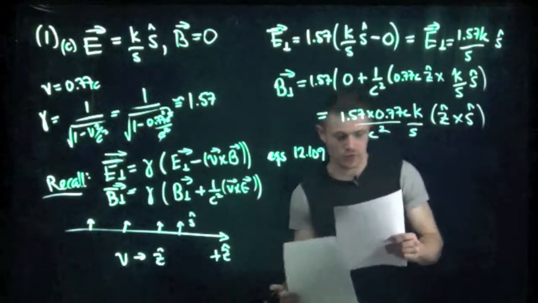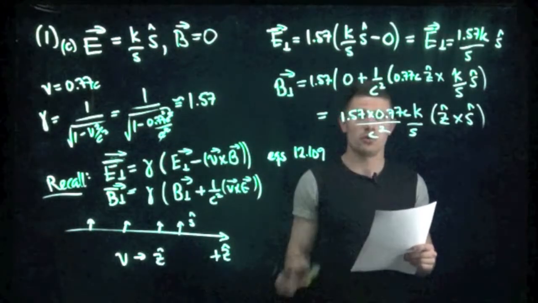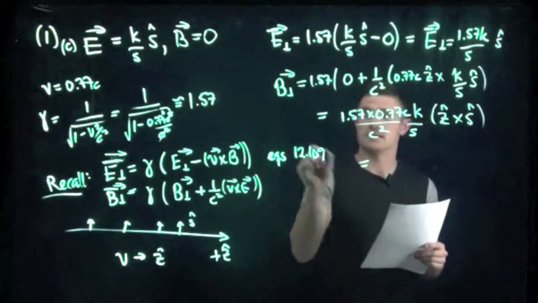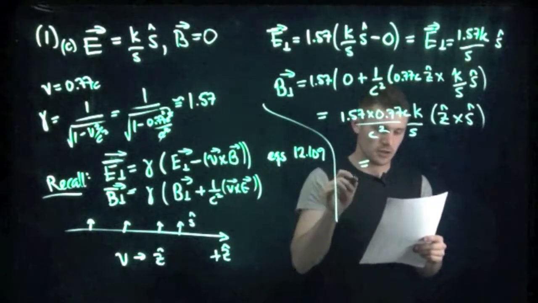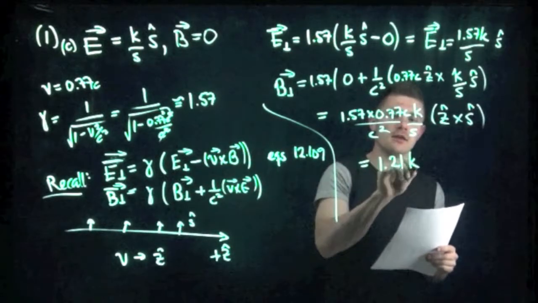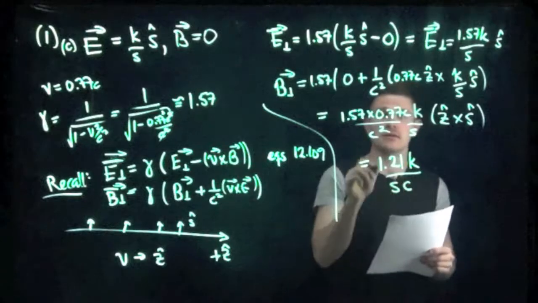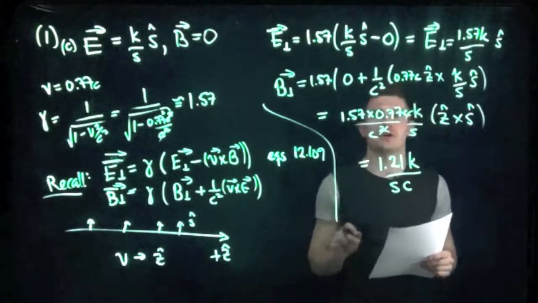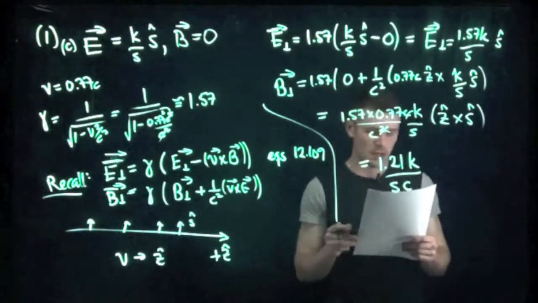Working through, we can plug in the values that we know, and this should be approximately 1.21 k over s times c. The c and the c will cancel, and you can multiply those two factors out with your calculator.